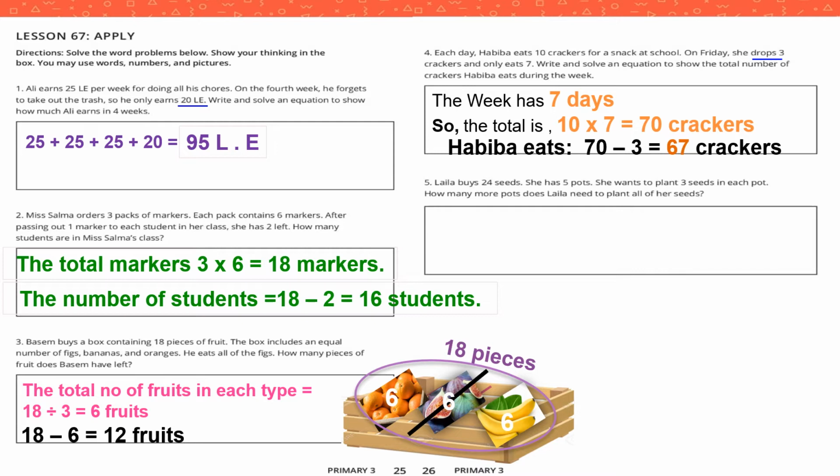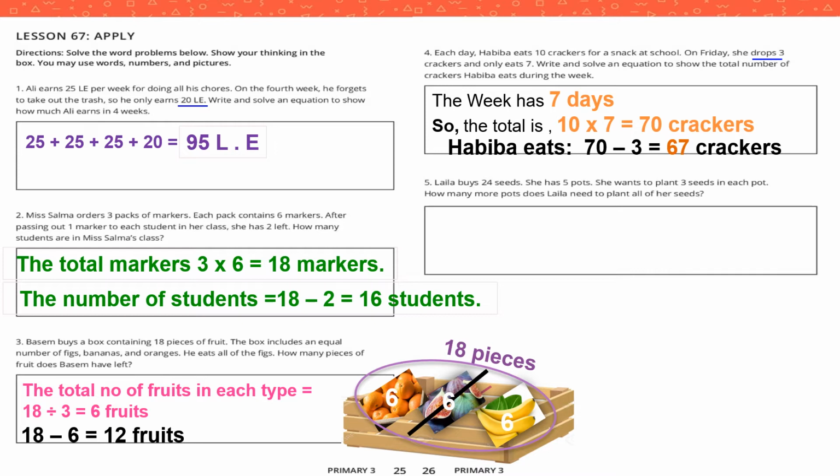So 70 minus 3 is 67 crackers. You can move back 3 steps before 70: 69, 68, and 67.